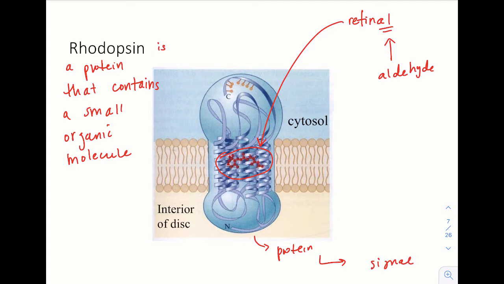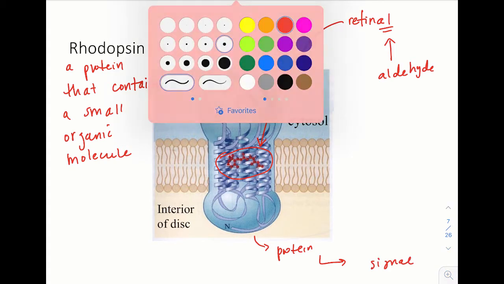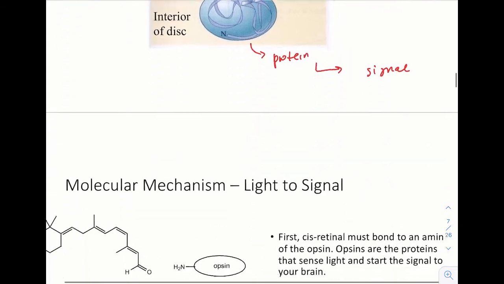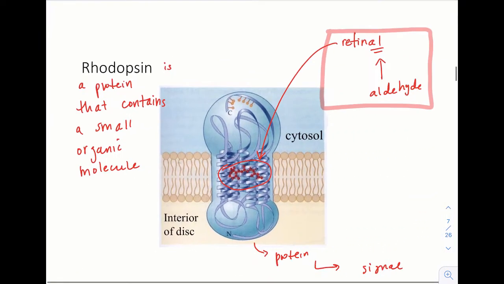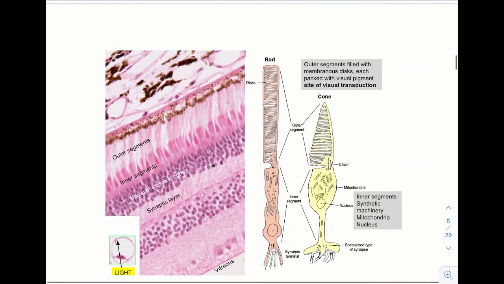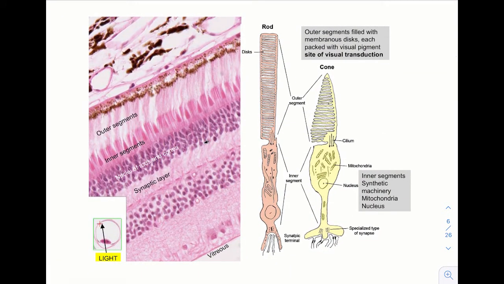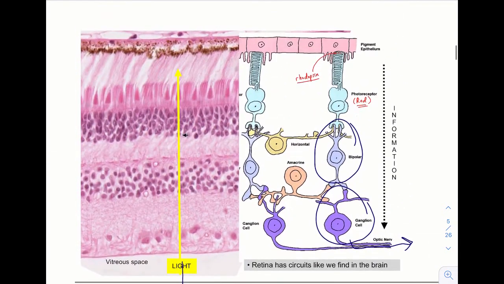So we're going to focus on what happens to retinal, the small molecule, which then in turn causes that change in shape of rhodopsin, which is this protein in these discs inside the rods. And the rods are a type of photoreceptor cell in the retina, right?